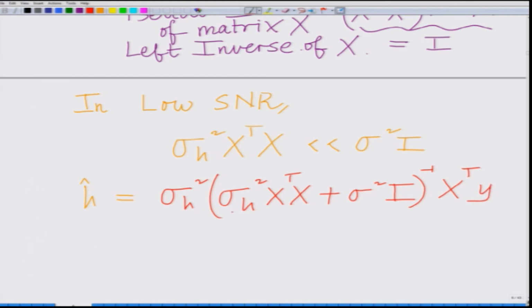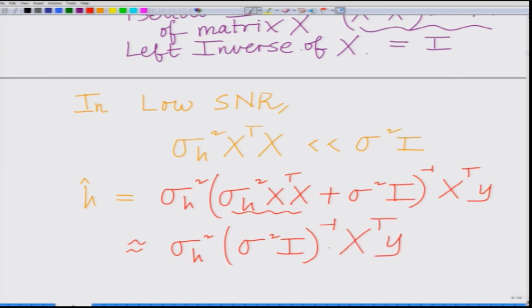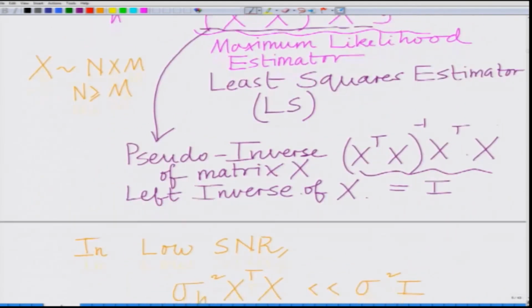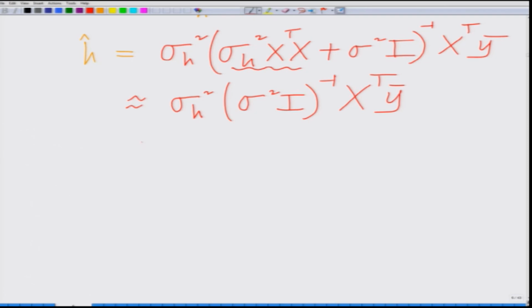We are saying this term is much smaller compared to sigma square identity, therefore this can be approximated as sigma h square times sigma square identity inverse x transpose y bar. Now, sigma square is a scalar, so this is simply sigma h square divided by sigma square times x transpose y bar.